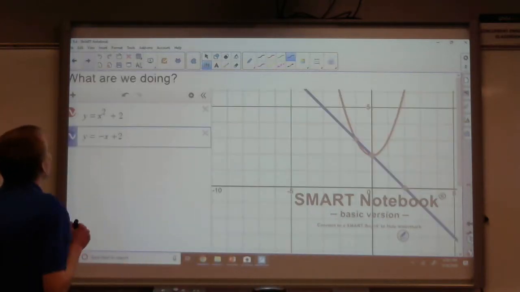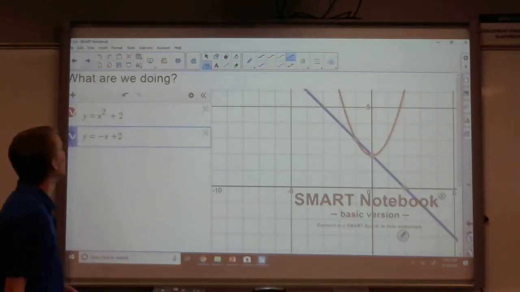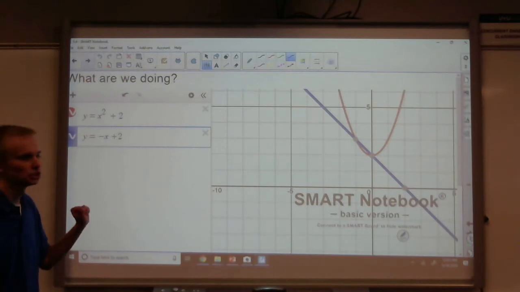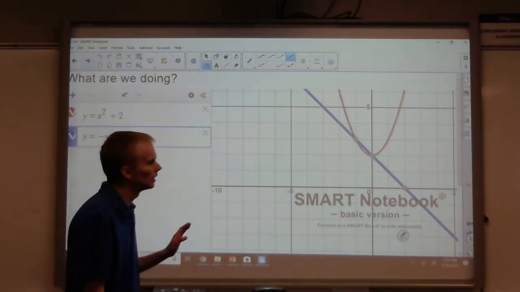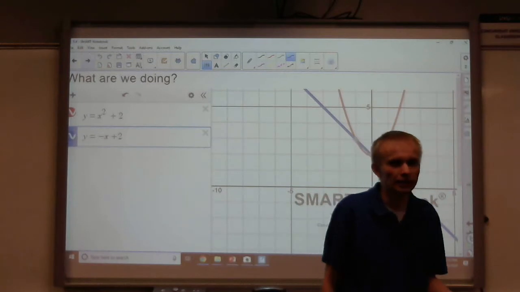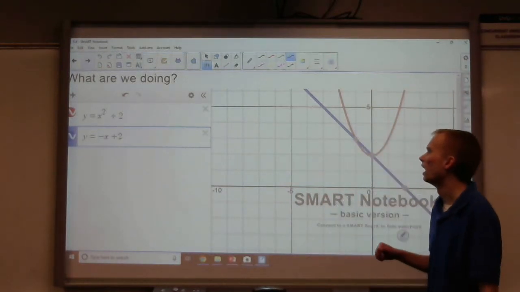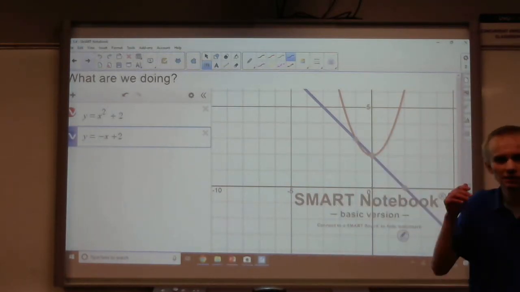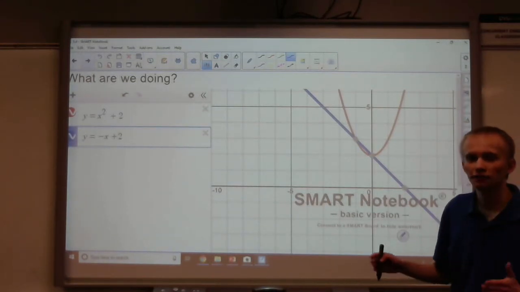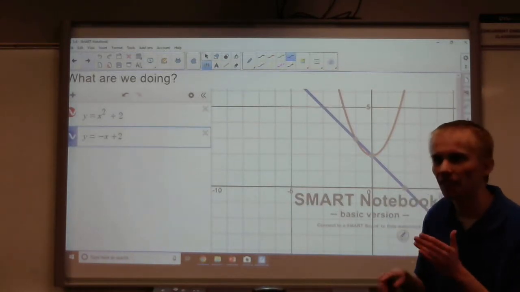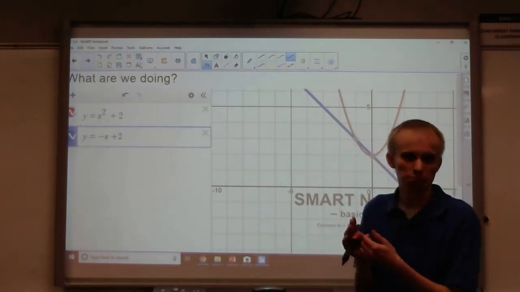So what we're going to be looking at today is section 5.4, which is nonlinear systems of equations, okay? I'll talk about what that means in a second. Before, in the first couple of sections, we had looked at finding intersections of lines, and then in the second section, of planes.